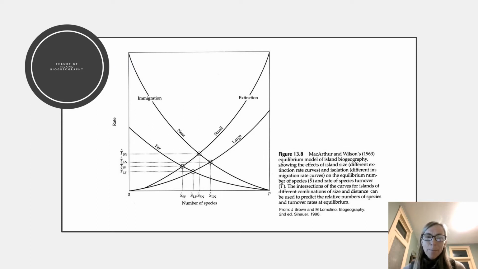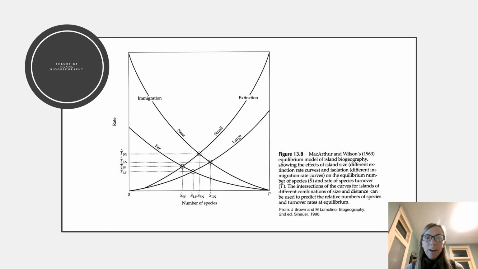I'm guessing that most of you have probably been exposed to the theory of island biogeography before, but I think it's worth revisiting because it's one of the important concepts when we think about patch dynamics and movement of organisms, and certainly a seminal paper both in ecology and in landscape ecology.